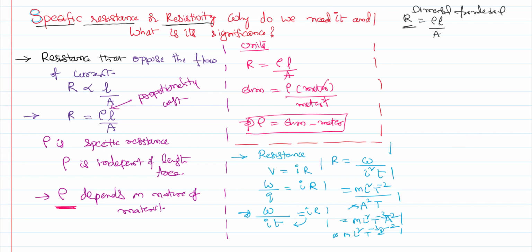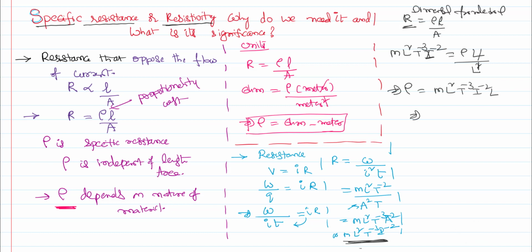For R, I have just now identified the dimensional formula: M L square T power minus 3 I power minus 2. For rho, length is L, dimensionally area is L square, so L and L get cancelled. So rho has a dimension of M L square T power minus 3 I power minus 2 into L.